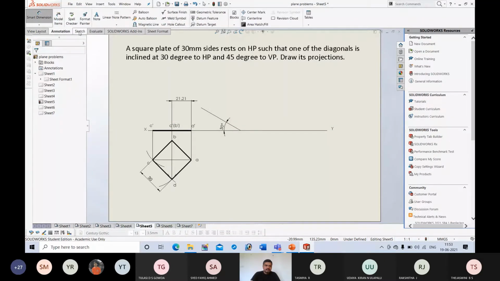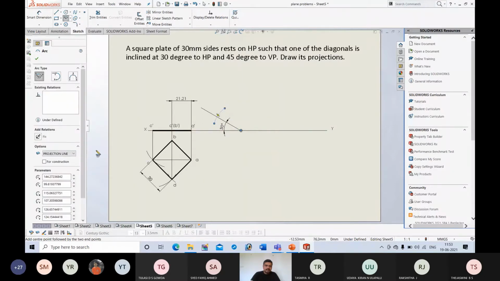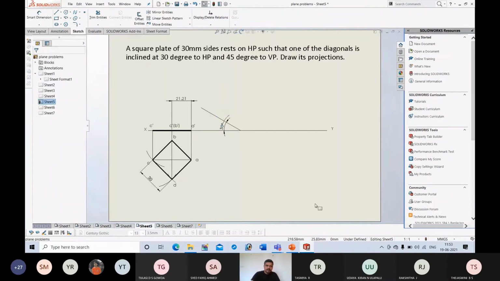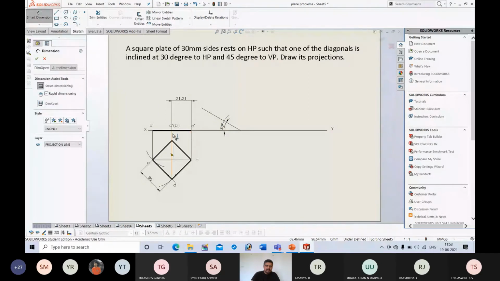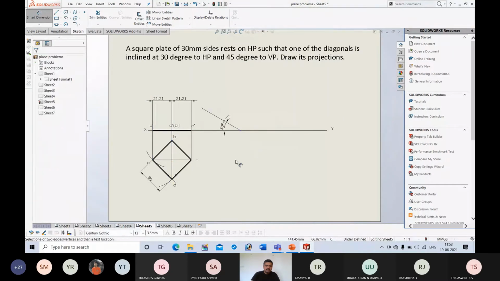Next, I will use a center point arc. That means you should use the compass, center. Then this length, this radius, is 21.21. Here also it will be the same, 21.21 only. If you measure also, you will get the same value, 21.21.